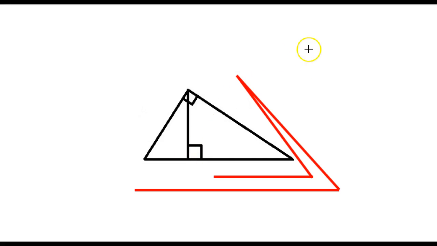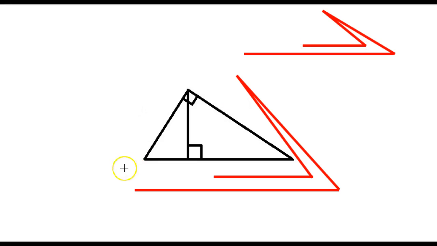Again, that's going to help us to write a proportion. It's going to be the length of the hypotenuse divided by the leg of the large right triangle is equal to the leg of the large right triangle divided by the longer part of the hypotenuse.